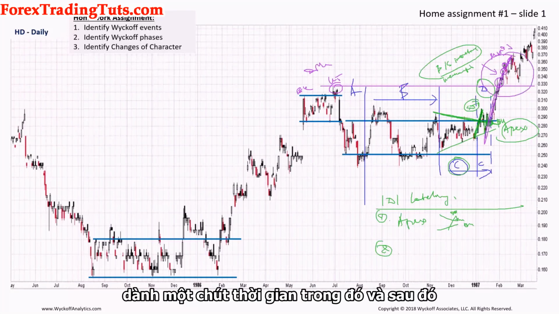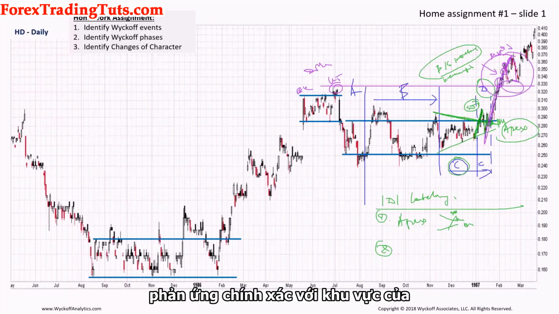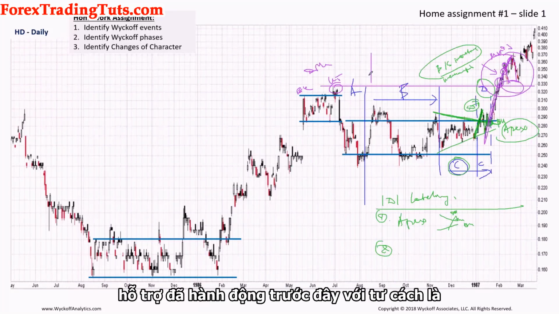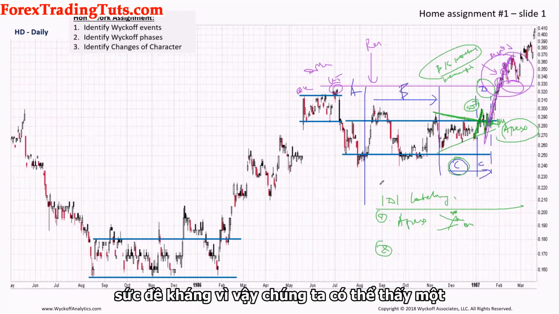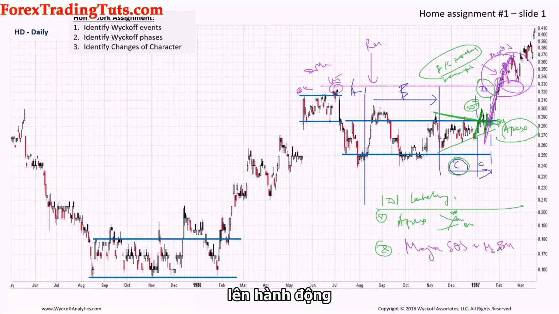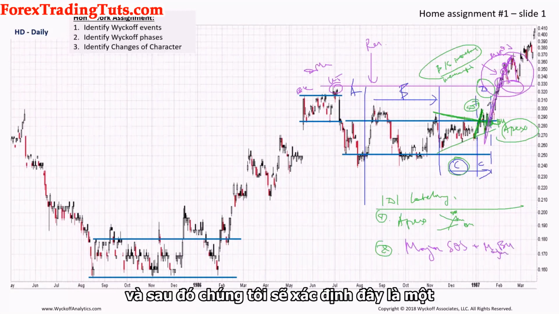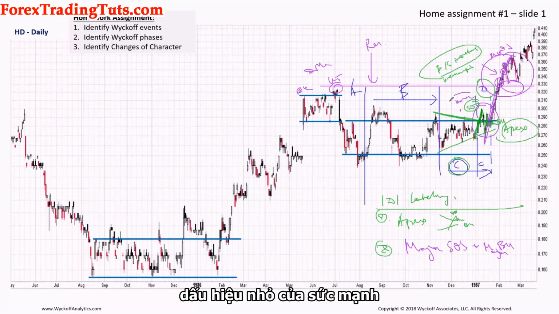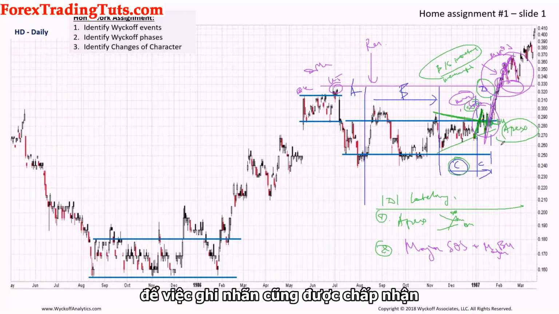It spends some time in there, and then reacts exactly to the area of the support that acted before as the resistance. So therefore we could see a major sign of strength with the major backing up action, and then we would identify this as a minor sign of strength. So that labeling is also acceptable.